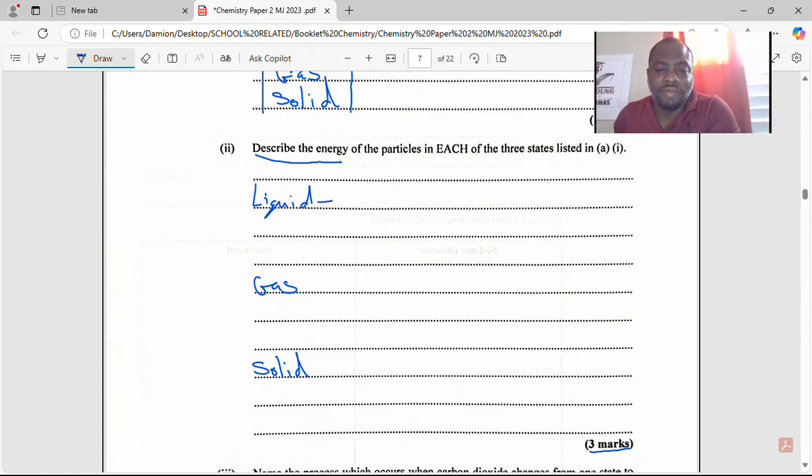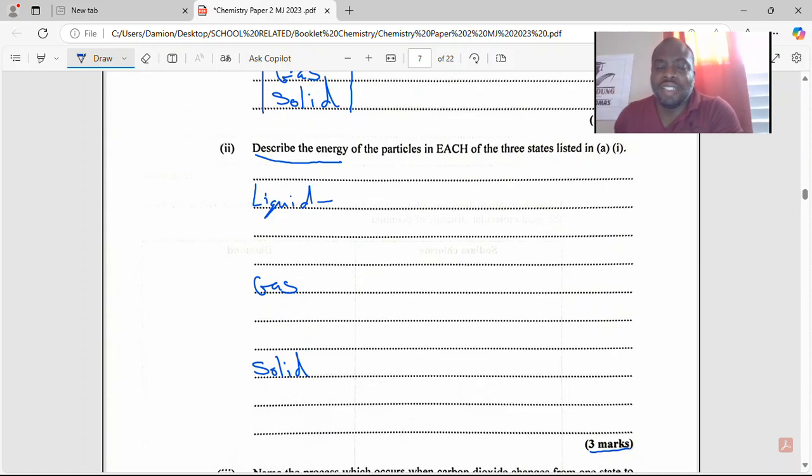So how would you describe the energy of the particles in a liquid? Sure, they have just enough energy to slip over each other. That's it. What I say to students, when you come on to this part of it, you have to be careful how you go about explaining, because sometimes what we're explaining is the movement of the particles.